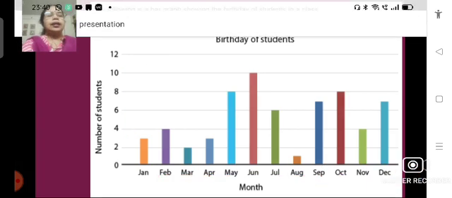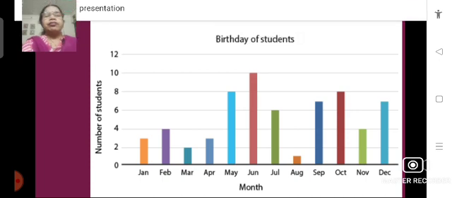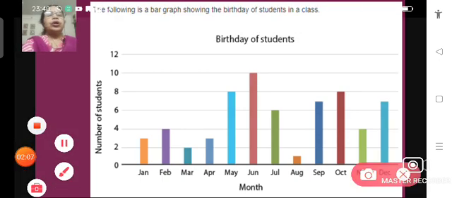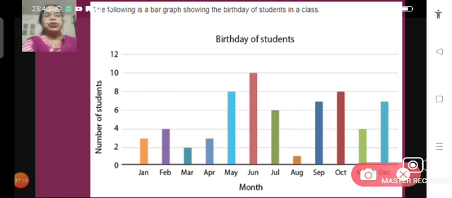x-axis. Now, in this bar graph, we can easily know, looking at the bars, that the maximum number of students have their birthdays in the month of June, which is shown by the longest bar. 10 students have their birthdays in the month of June.